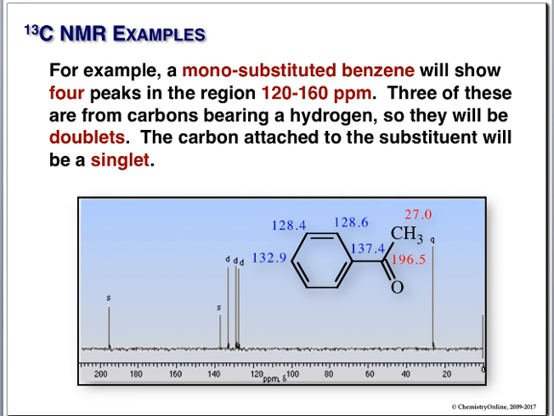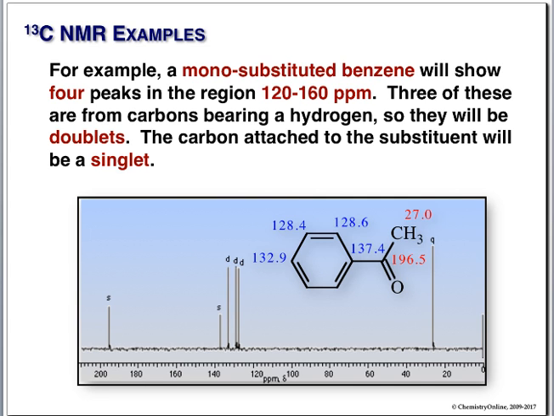Here in the benzene region, right around 130 to 140, we have a singlet, that's this guy, and we have 3 doublets, 1, 2, 3. Finally, down here for our methyl group, we have 3 hydrogens. This is a quartet.